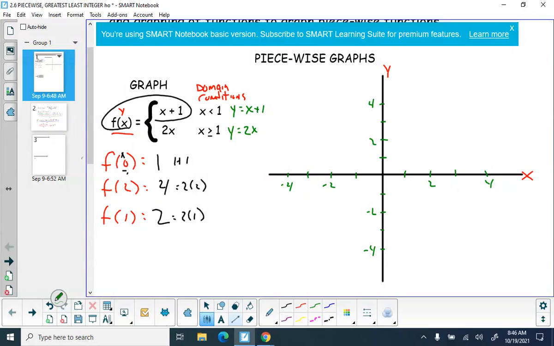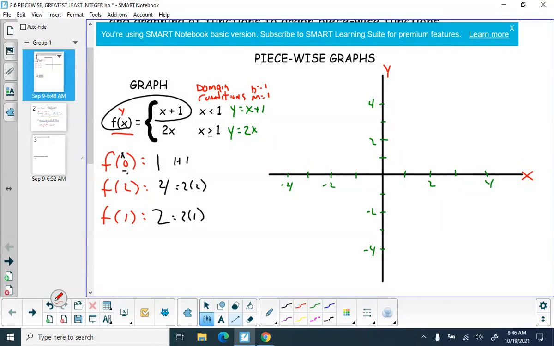You're graphing y equals x plus 1. We want to graph y equals x plus 1. Well, if I'm graphing y equals x plus 1, I'm hoping to say that my slope is a value of 1 and my y-intercept is a value of 1. Okay, just looking at slope and intercept.